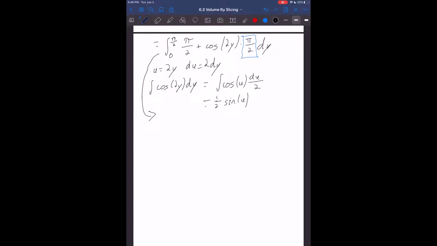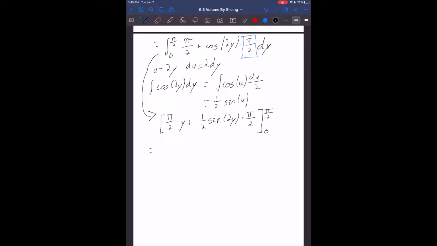Combining all of this together, this integral here is going to be pi over 2 times y plus 1/2 sine of 2y, because that's what u is, times pi over 2. And this is evaluated from 0 to pi over 2, the same bounds as we had for our integral.